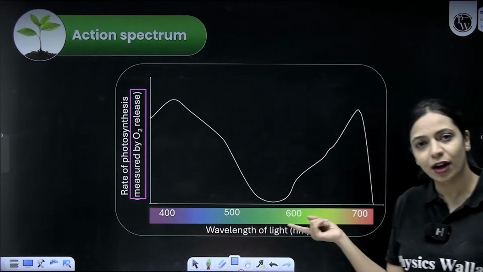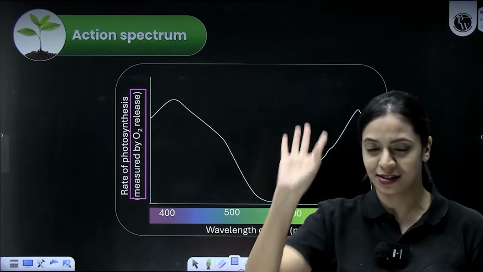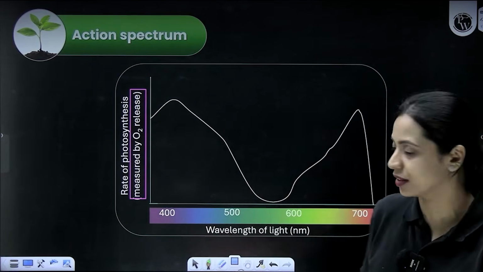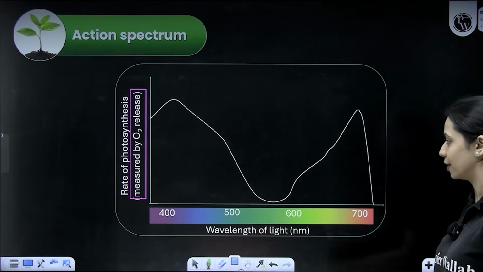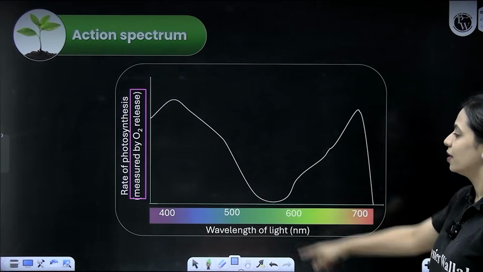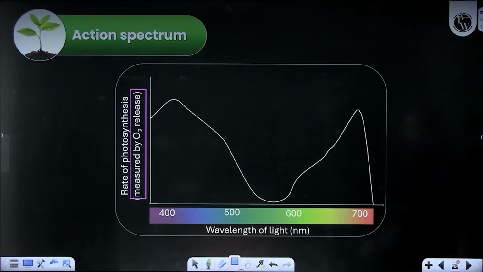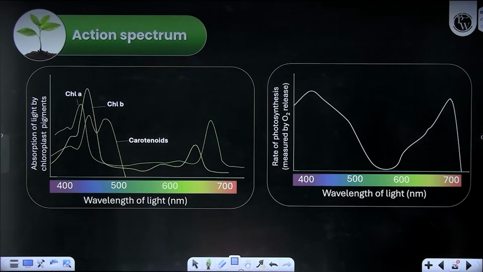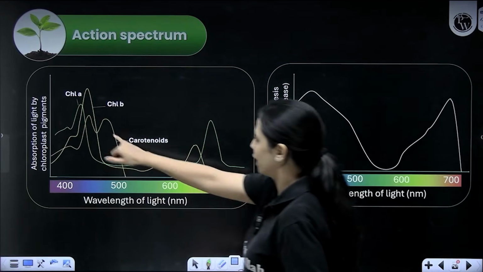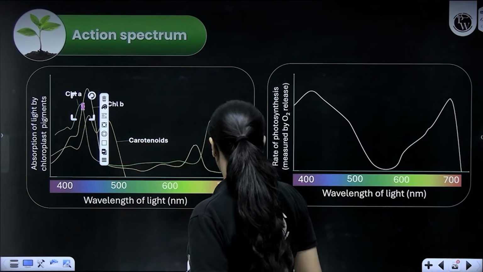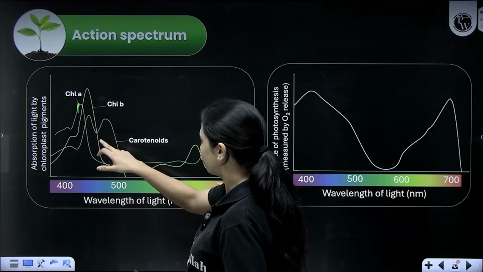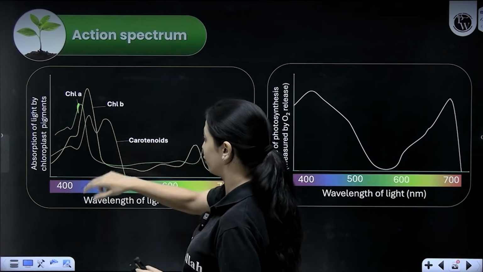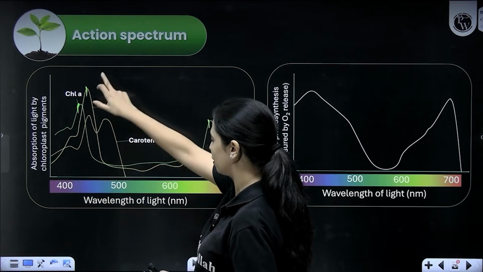This is very similar to what we obtained when we discussed Engelmann's experiment, right? Near the blue and the red wavelengths of light, all of these bacteria accumulated. Here you're seeing similar results, right? So when you compare the action spectrum with the absorption spectrum, you will notice how for chlorophyll A there are two peaks, one near the blue wavelength and one near the red wavelengths. And for chlorophyll B, there's only one peak near the blue region.